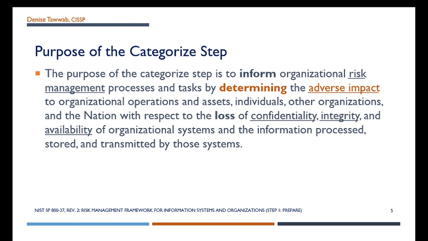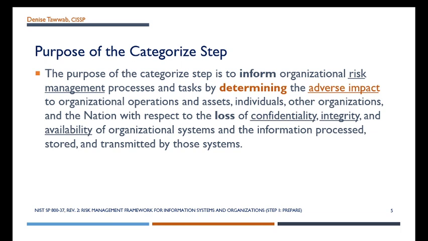The purpose of the categorize step is to inform organizational risk management processes and tasks by determining the adverse impact to organizational operations and assets, individuals, other organizations, and the nation with respect to the loss of confidentiality, integrity, and availability of your systems and the information processed, stored, and transmitted by those systems.